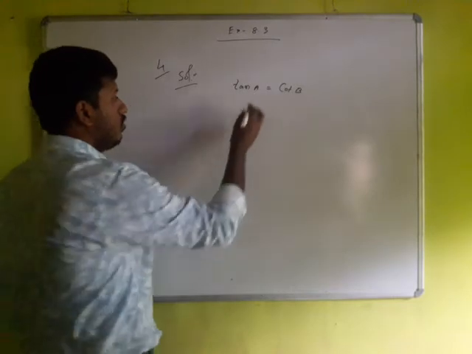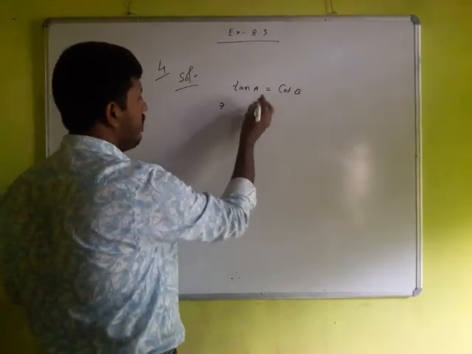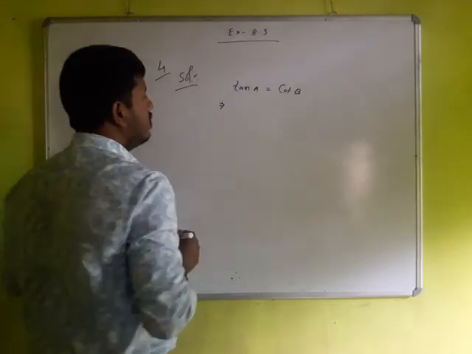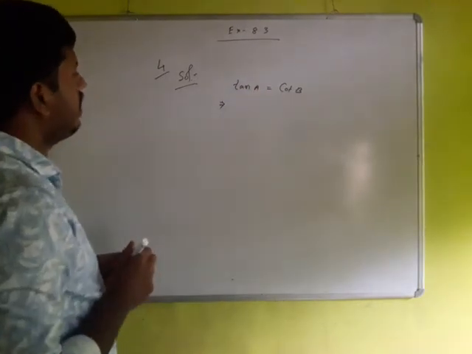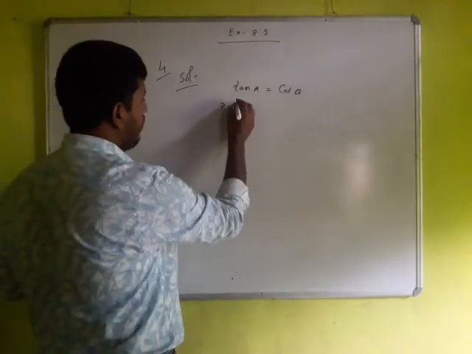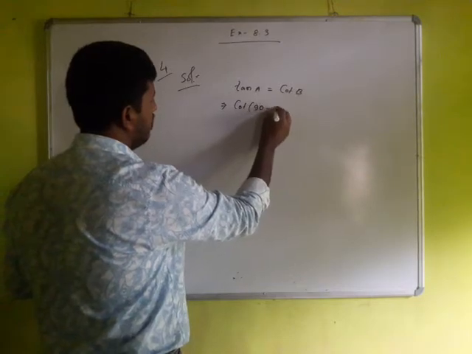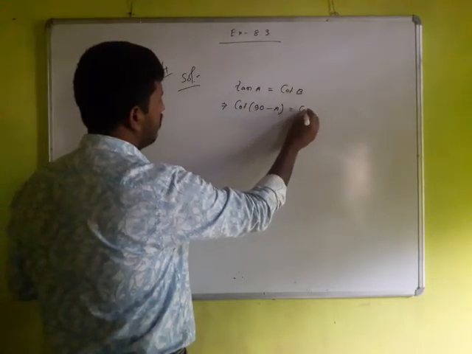So to convert this tan ratio to a cot ratio, we have to take the complementary angle of A. Any complementary angle can be taken by subtracting it from 90. So tan A can be written as cot 90 minus A equal to cot B.